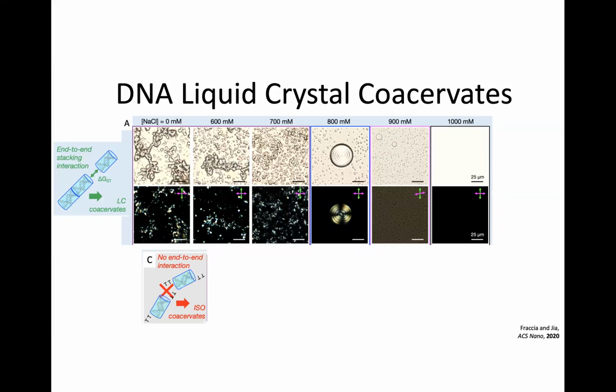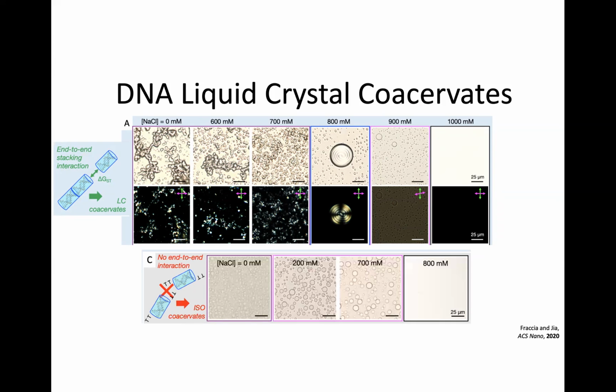We also tested whether this end-to-end DNA interaction was in fact essential to the formation of these liquid crystal coacervate droplets. We did the same experiment with a palindromic DNA duplex with a 2 T base overhang instead of a blunt end.